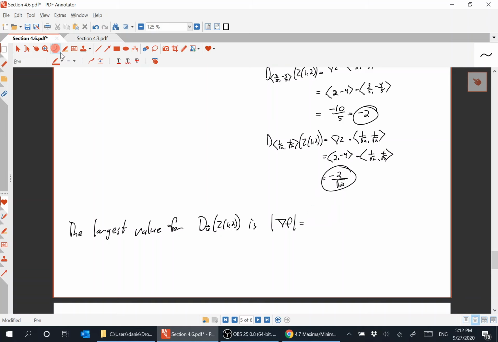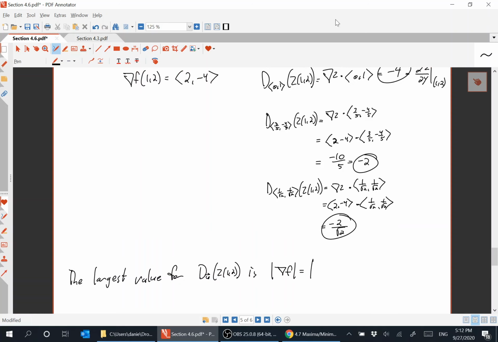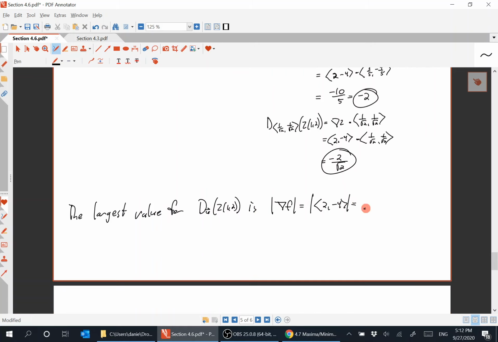This is the length of (2, minus 4), which is the square root of 4 plus 16, square root of 20, or 2 square root 5, in the direction u equal to, well, (2, minus 4). Of course you have to divide by the length to make it a unit vector.